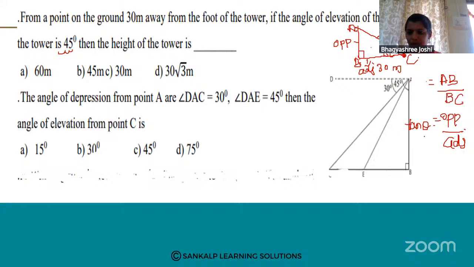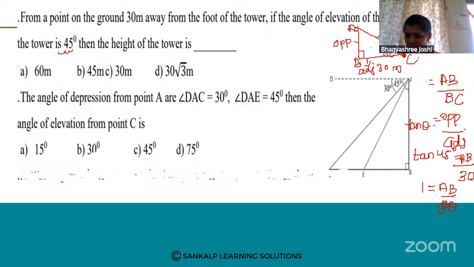So tan 45 degree is equal to opposite side AB divided by adjacent side, which is 30. Tan 45 is 1, equal to AB divided by BC. Sorry, this is 30.